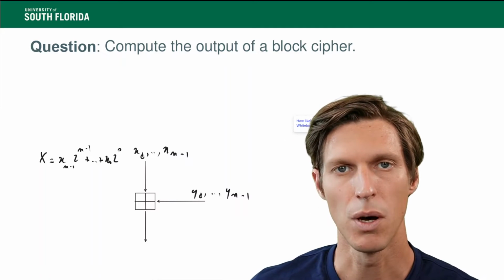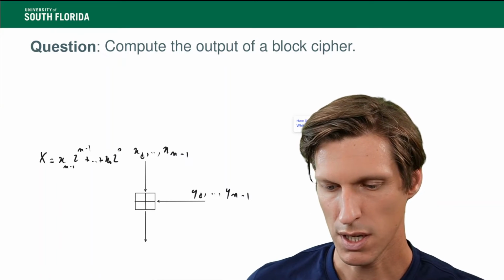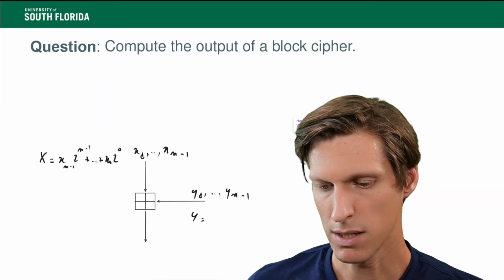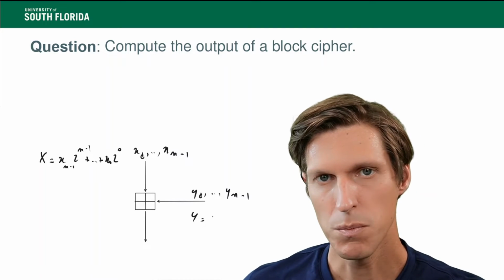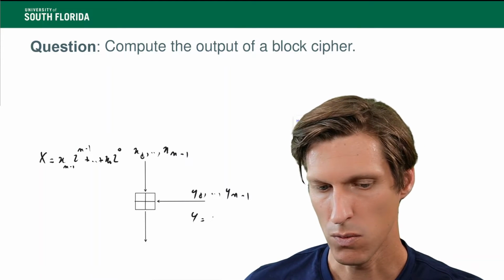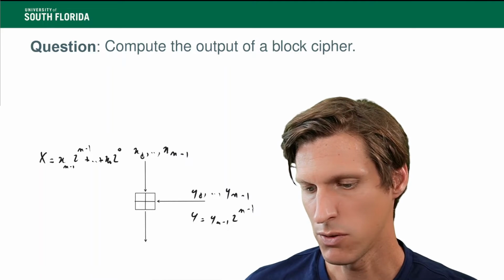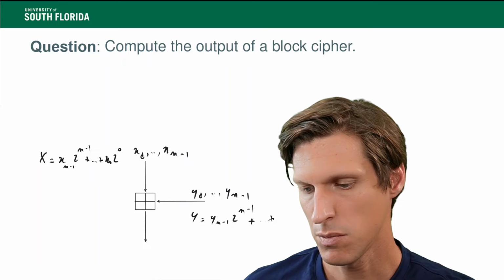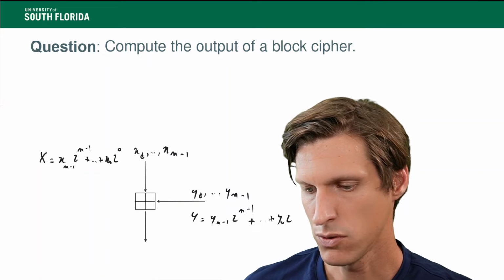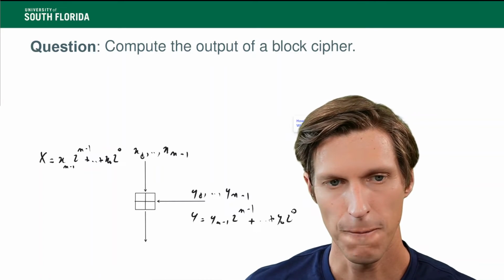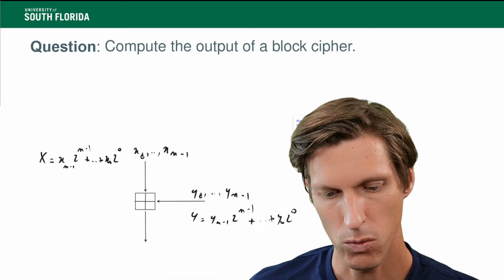Okay, so that is the number whose decomposition is the xi, and in the same way I can define y to be y_{n-1} 2^{n-1} plus ... plus y0 2^0.